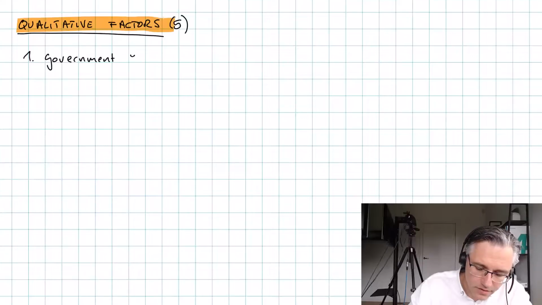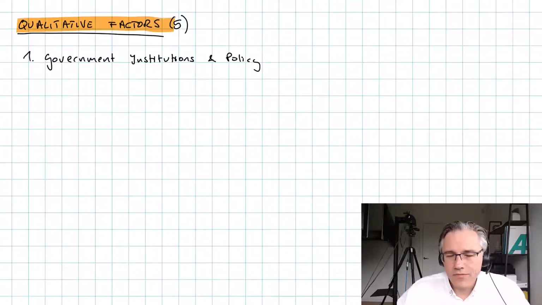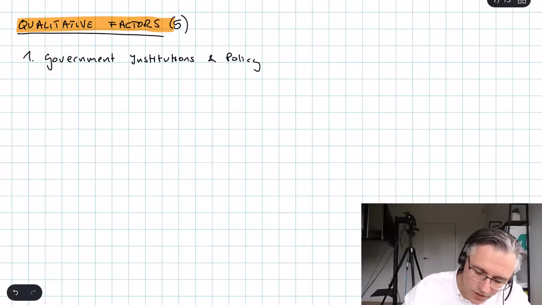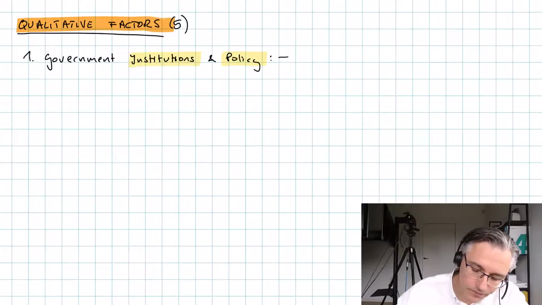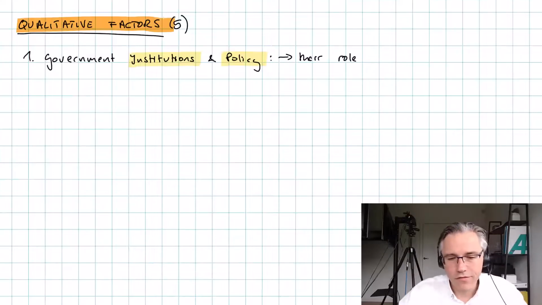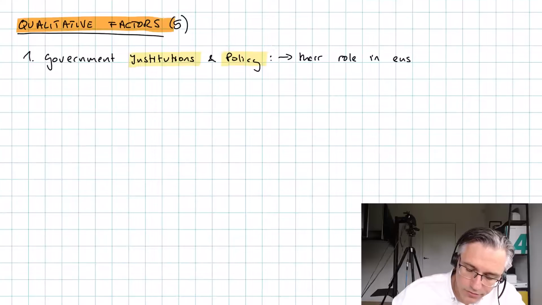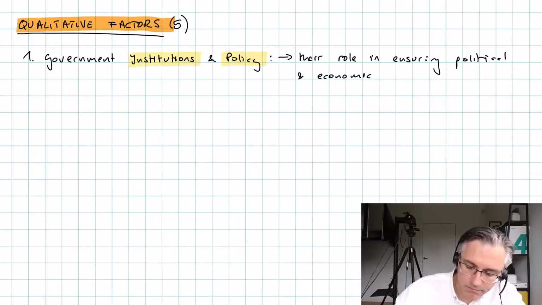This is all about the role that government institutions and government policy play in providing for a stable political and economic environment, so their role in ensuring political and economic stability.